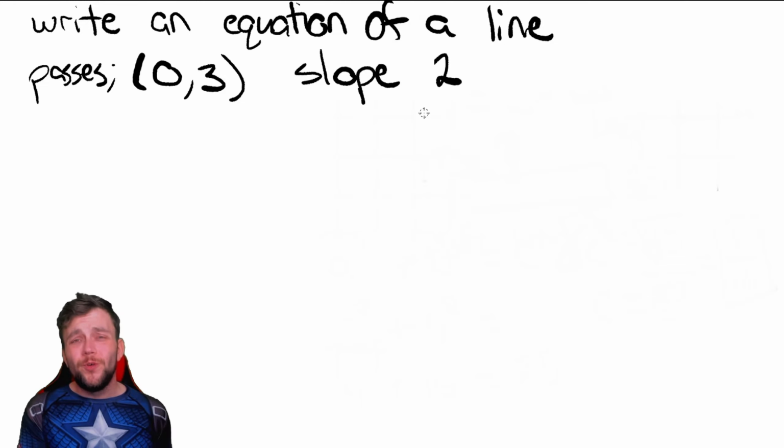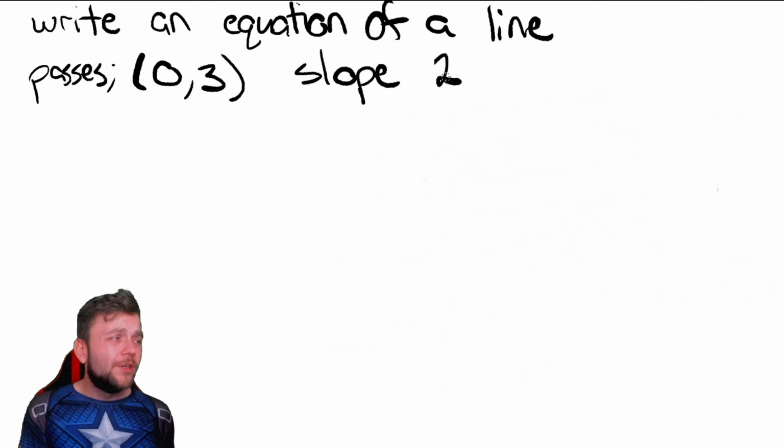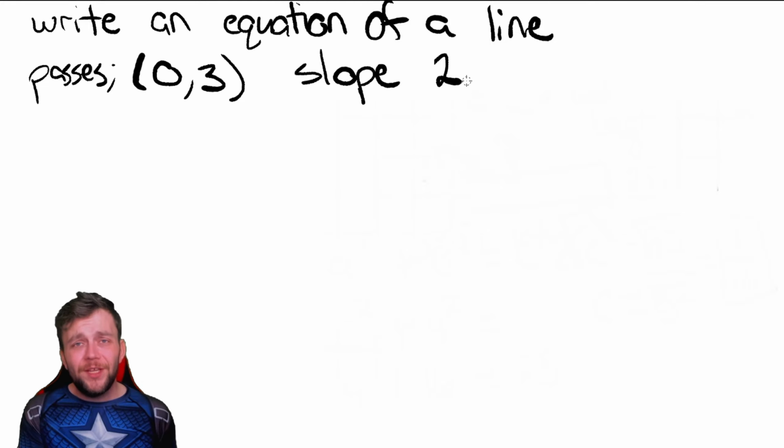Let's go with just 2. Okay. So a slope of 2 passes through the point 0, 3.